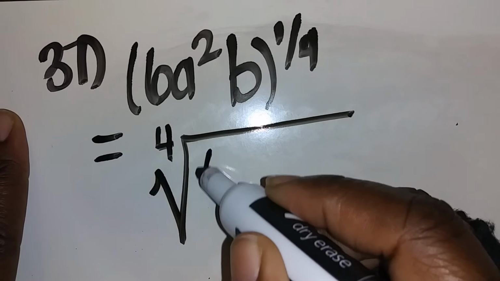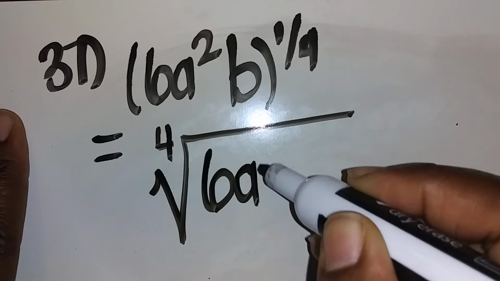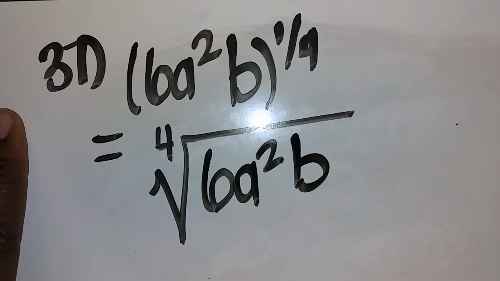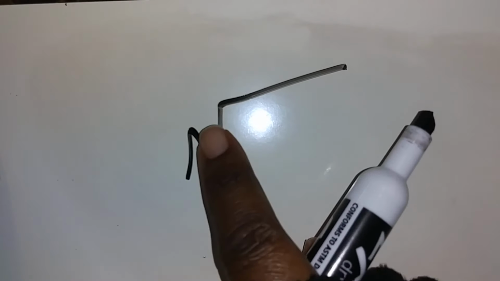And then I will write 6a squared b. And it's all understood to be to the 1 power, so I don't need to write that 1 again. And that is my answer. And we're changing a base with a fractional exponent to a radical notation. So in a radical notation, we're going to see this symbol here somewhere in that notation. And the only thing that may be different is your index.